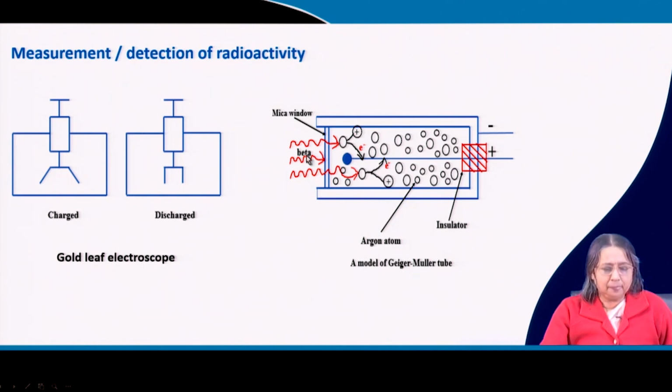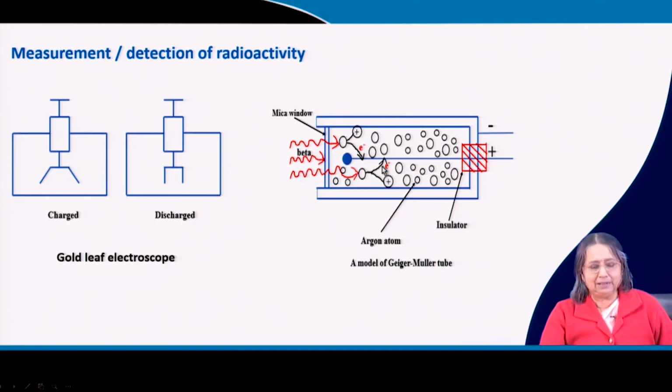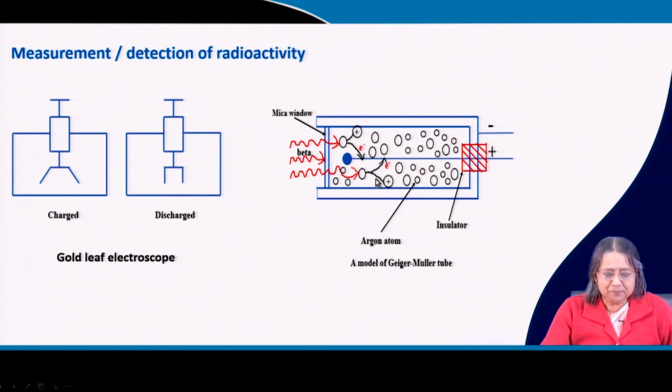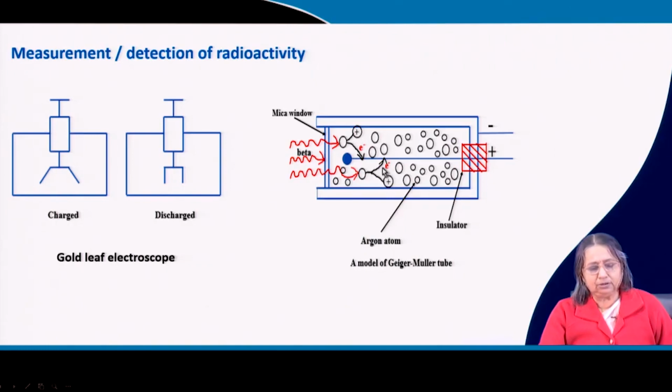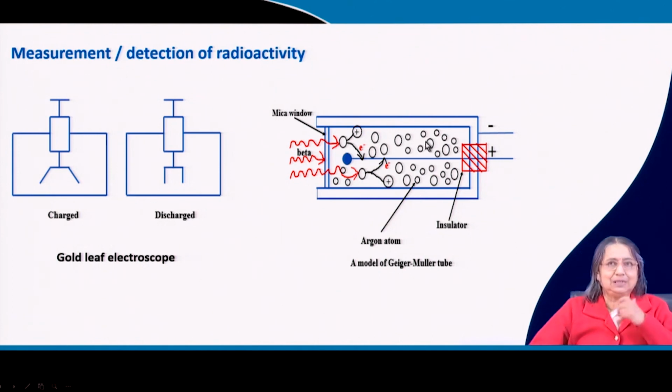Now, when beta rays are coming, for example, they will ionize the argon gas and produce positive argon ions and electrons. The electrons will be discharged here and the positive argon ions will be discharged there. Then you will listen to some sounds.